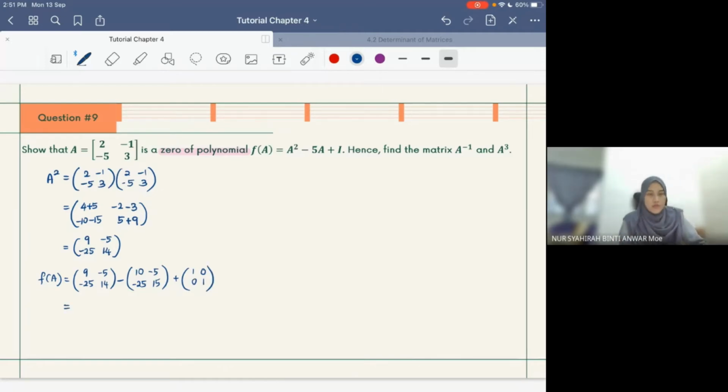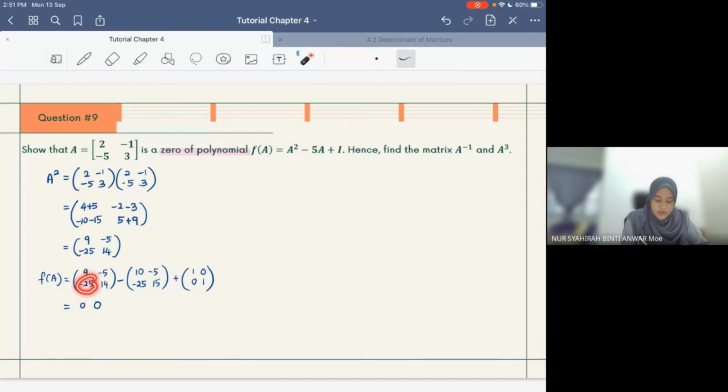And then we perform the operation. 9 minus 10 gives negative 1, plus 1 gives 0. Negative 5 minus negative 5, so negative 5 plus 5 will be 0.